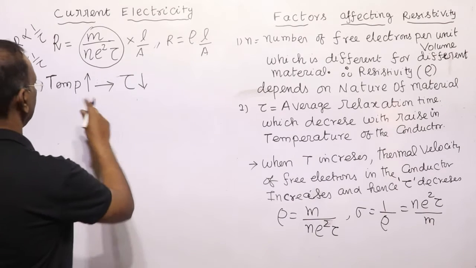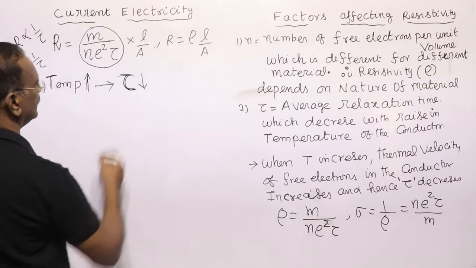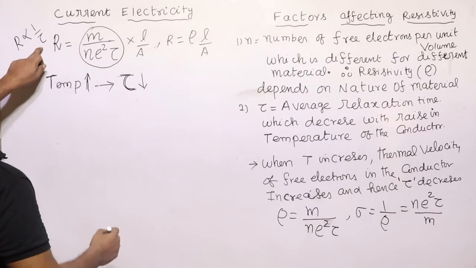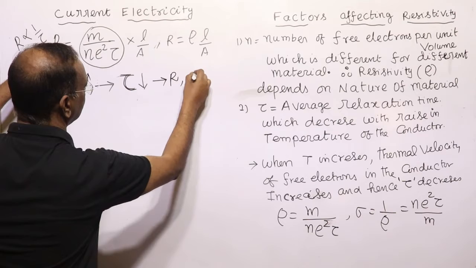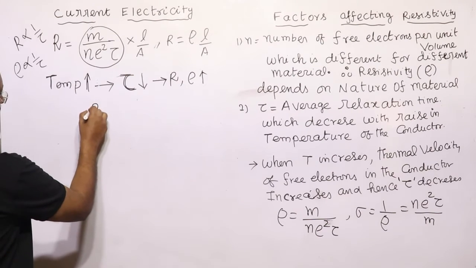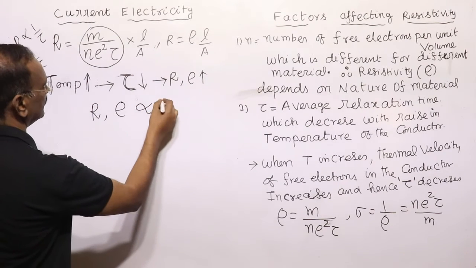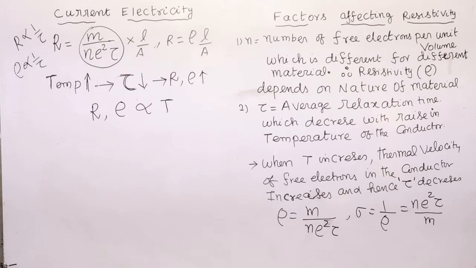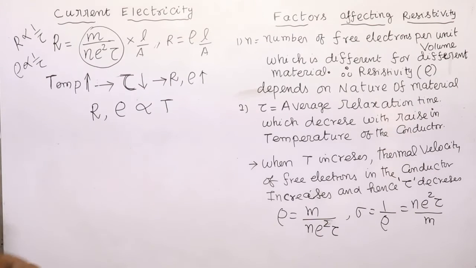So when temperature increases, the average relaxation time decreases, and the resistance and resistivity increase. We can say resistance and resistivity are both directly proportional to the temperature. We will use this concept in competitive examinations.